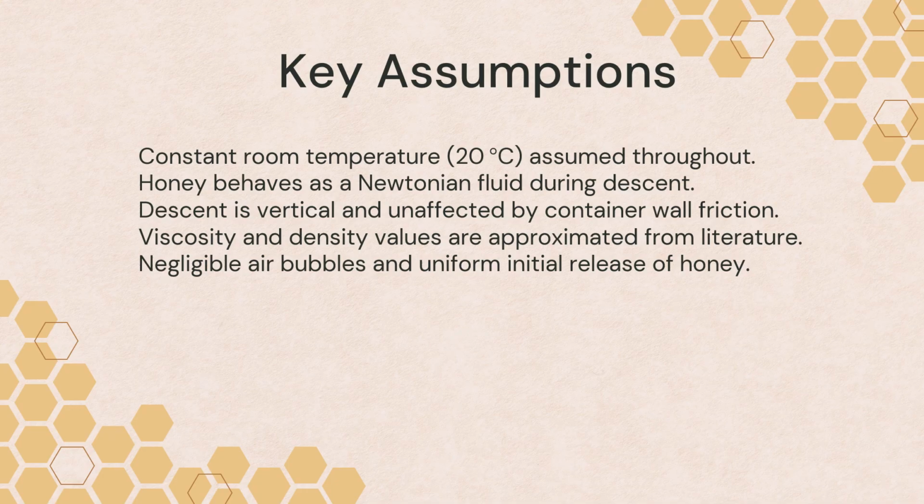Also, for the descent, I assumed it was perfectly vertical and there wasn't any friction from the glass walls affecting how the honey flowed. I used literature values for the viscosity and density of honey instead of measuring them myself, which is a common practice for these kinds of demos. And finally, I assumed there were no significant air bubbles and that the honey was released in a smooth, uniform stream at the start.